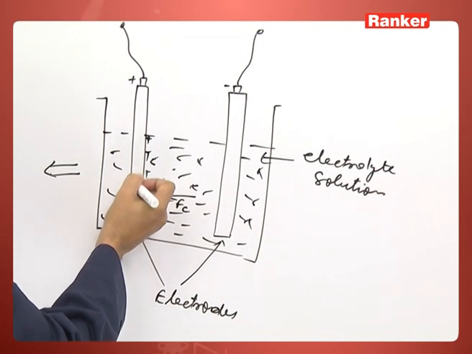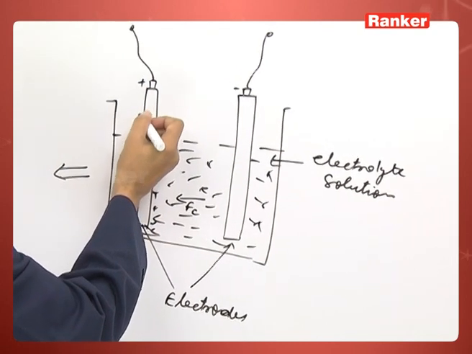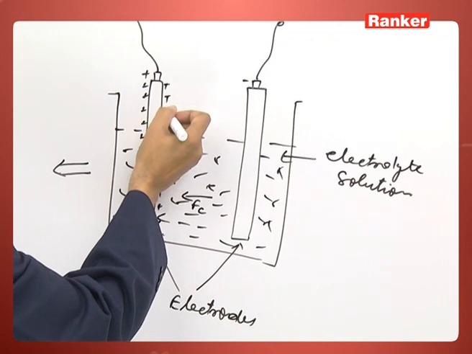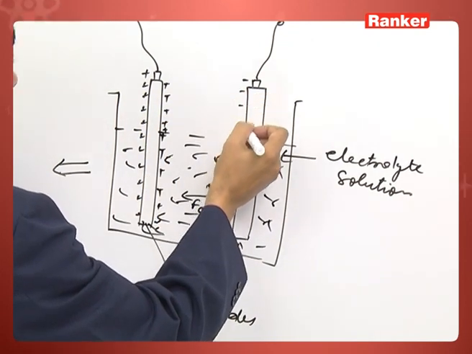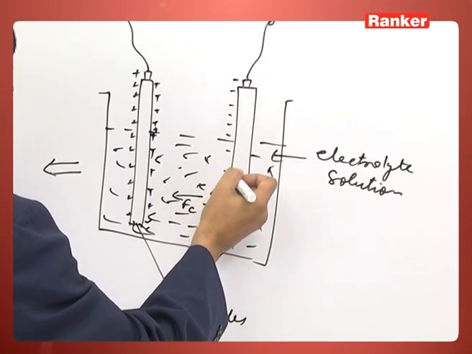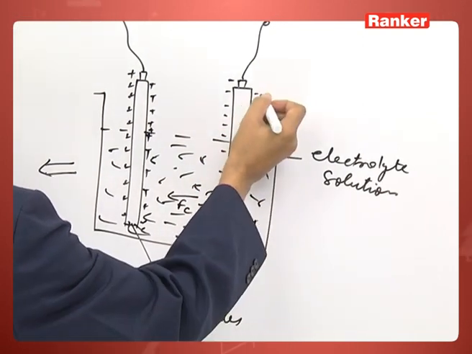So at one of the electrodes, positive ions accumulate, and at another electrode, negative ions accumulate.